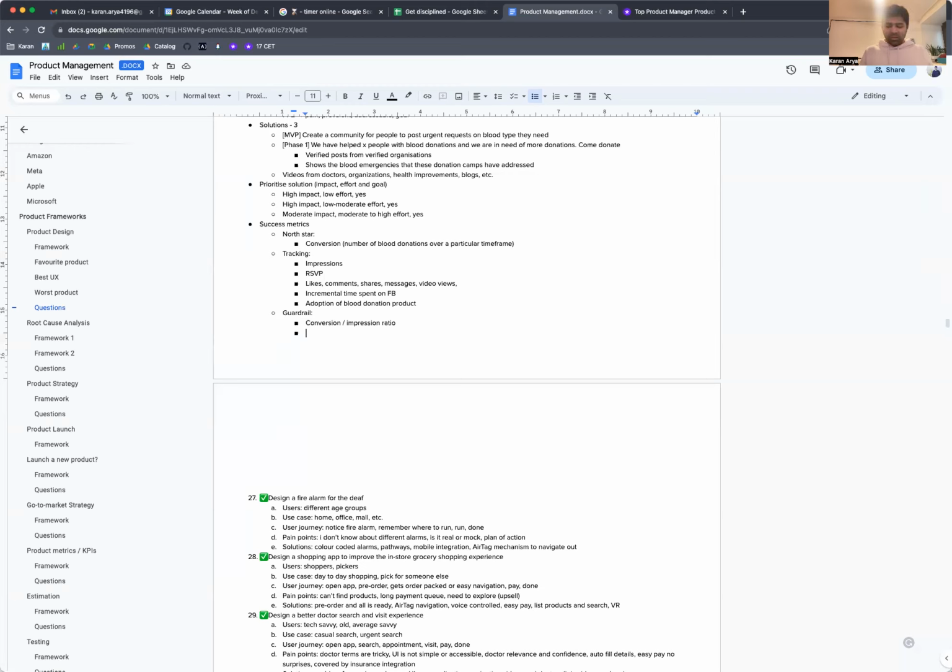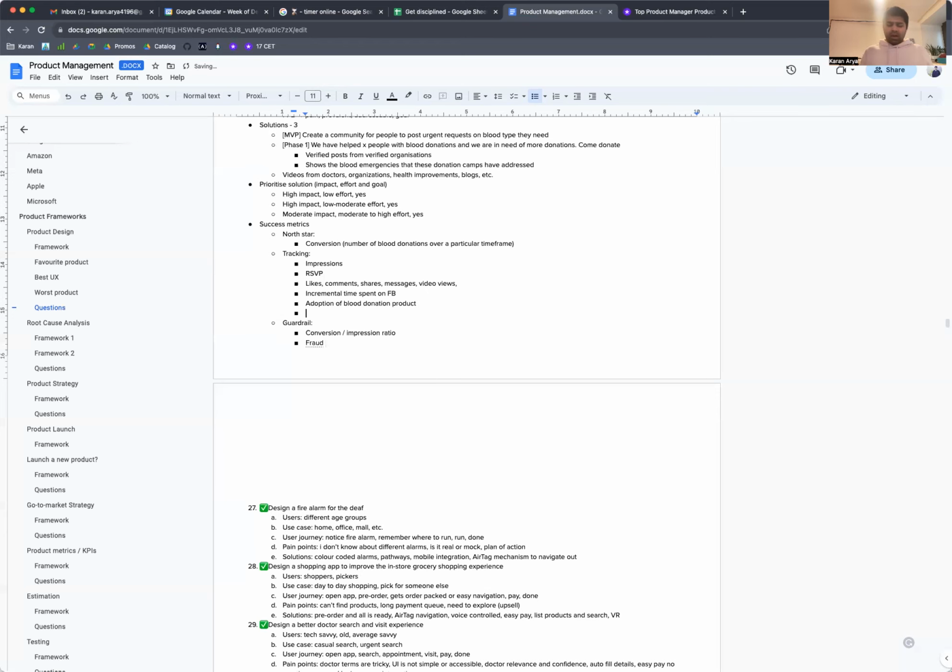This is something that we need to definitely look at. We need to also probably look at fraud, wherein, let's say, there are organizations that have received verified badges, but apparently there is some fraud happening when it comes to blood donation exercise.